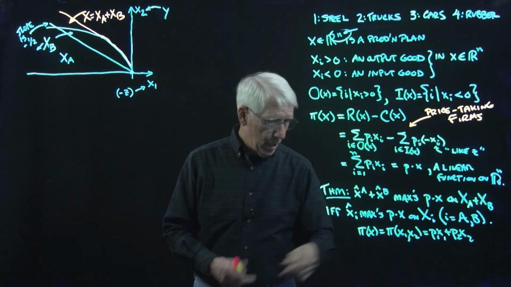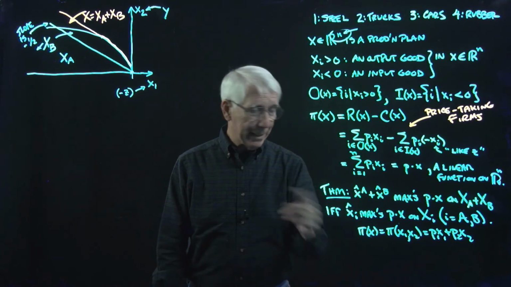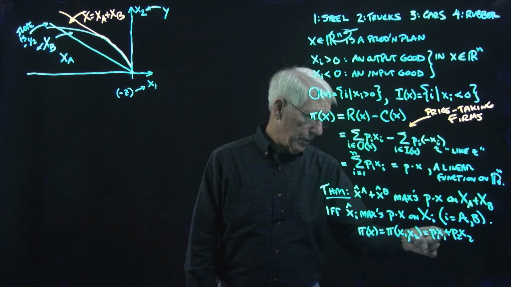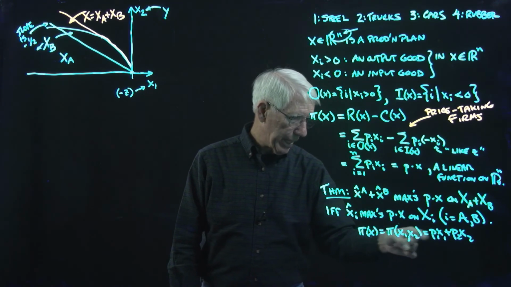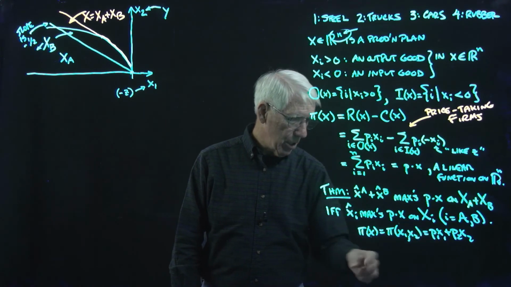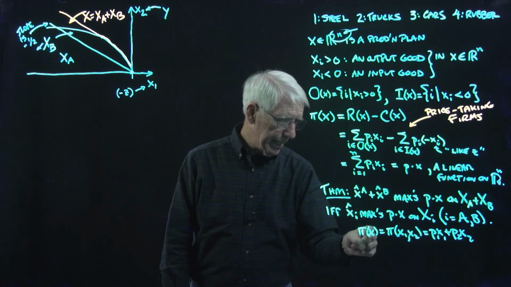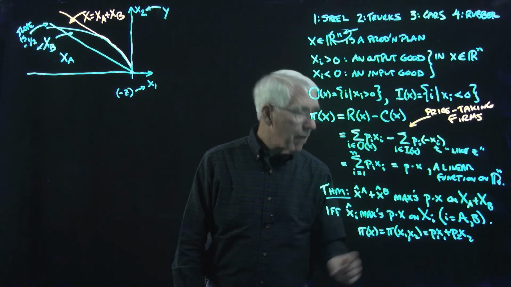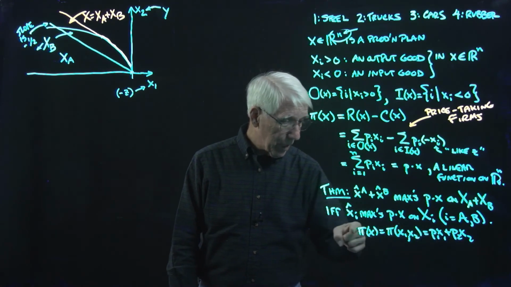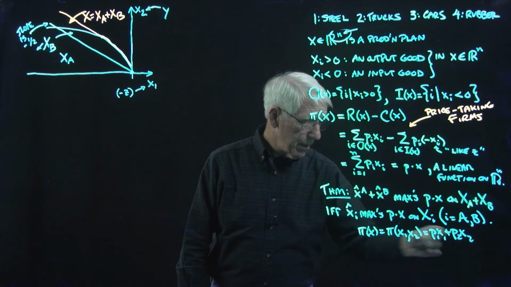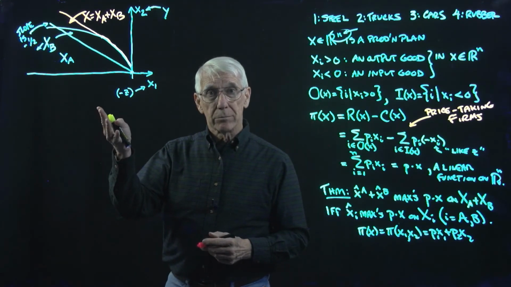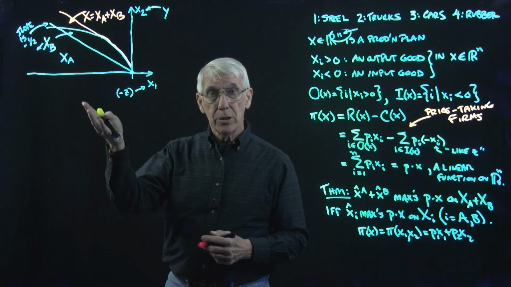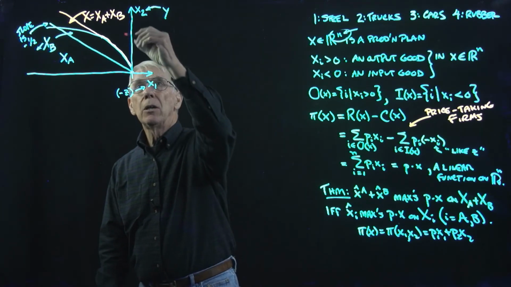And that's true for any production plan, whether it's an aggregate plan, so these are aggregate x's, or whether it's a production plan for firm A, and this would be firm A's profit, or it's firm B's production plan, and that would be firm B's profit. So the profit function in any case looks like this. And so the isoprofit contours, the contours of the profit function over here, look something like this.